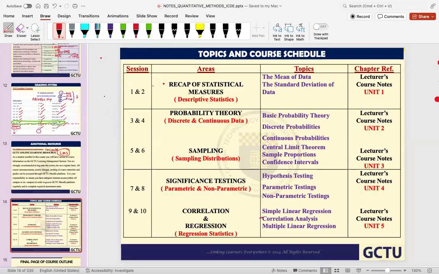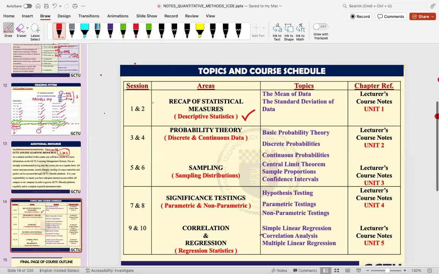So first of all, we'll go through the recap of statistical measures, descriptive statistics, and I'm sure you remember what a mode is, what a median is, and then what a mean is.